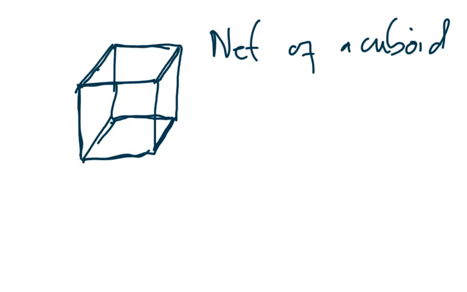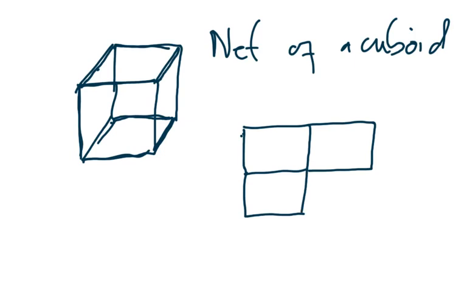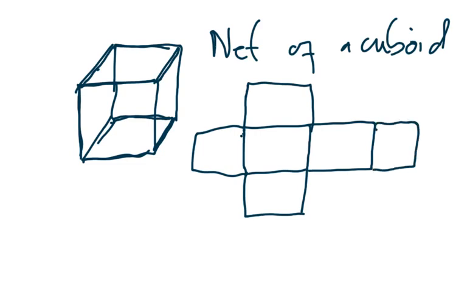And we can open the net up to give us the faces of the cuboid. The net is basically also sometimes called a skeleton. It's a skeleton of a cuboid.